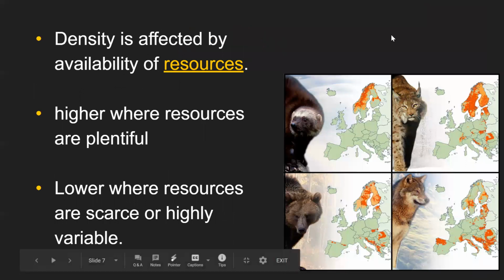Density is going to be affected by the availability of resources. So thinking about carrying capacity from last week, if a population is more dense, that means that that ecosystem usually has the resources to support that population. The density is going to be higher where those resources are plentiful.